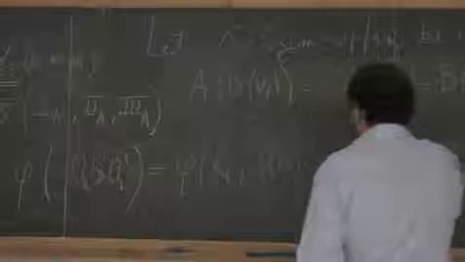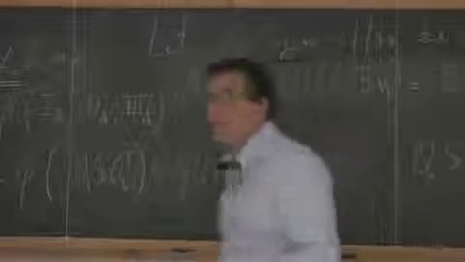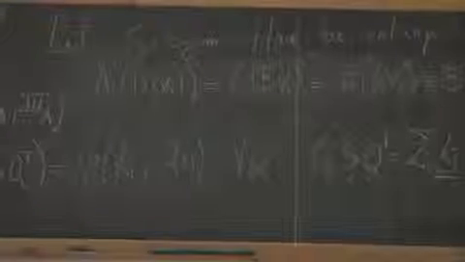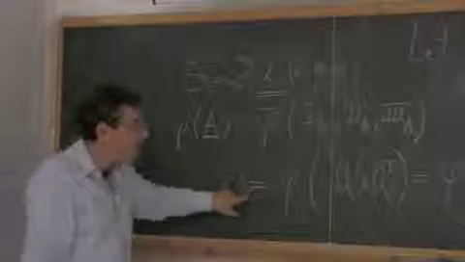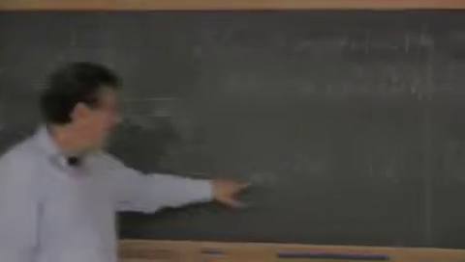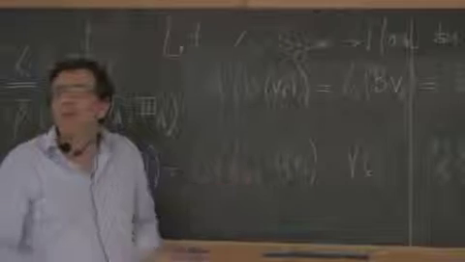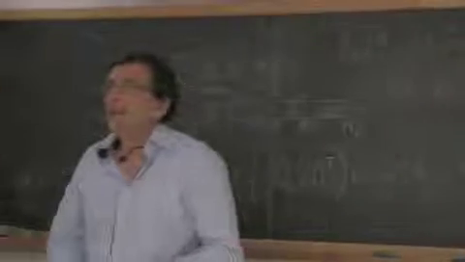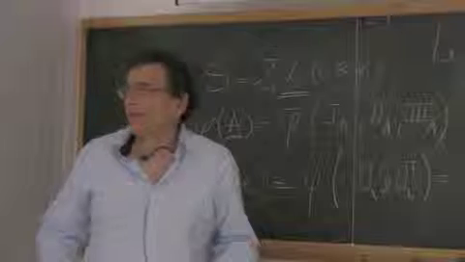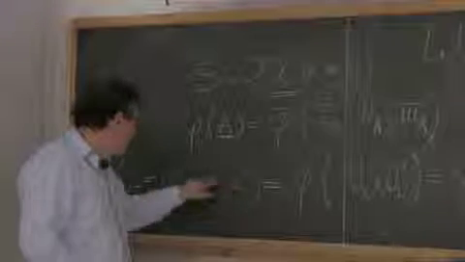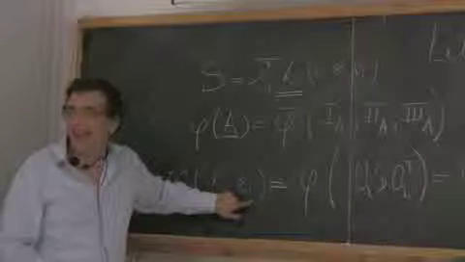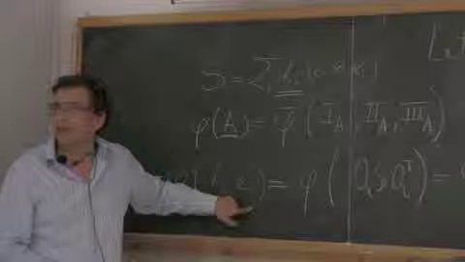And this equality is true for every Q. Now, the game is over, because you have that phi lambda I EI equal to phi lambda I Q EI for every Q. And this means that this phi cannot depend on the vectors.